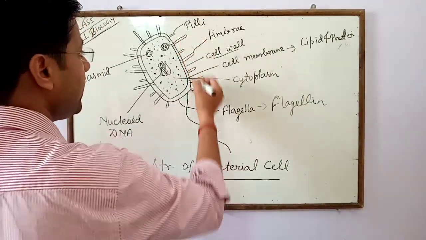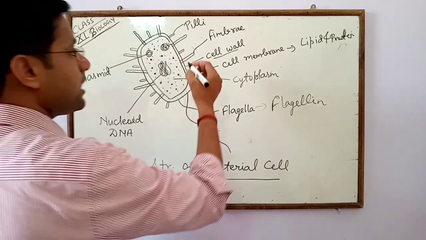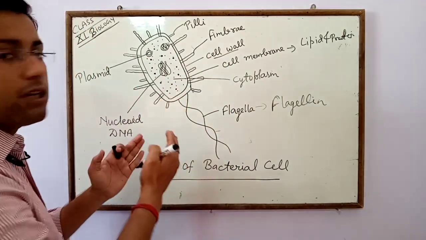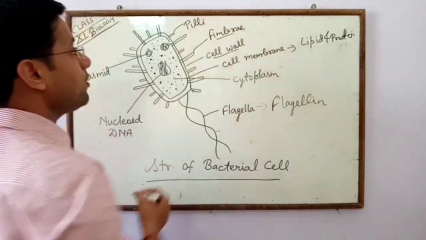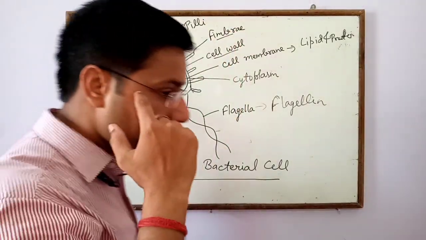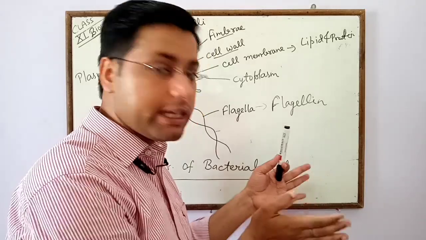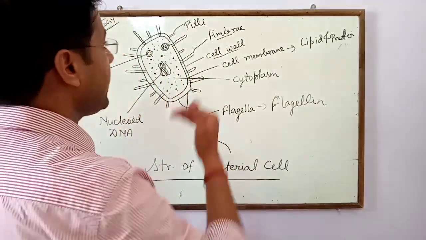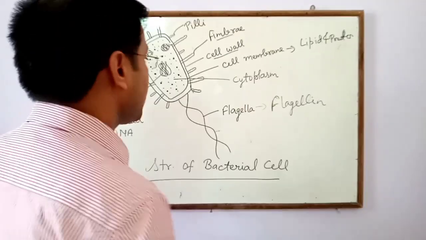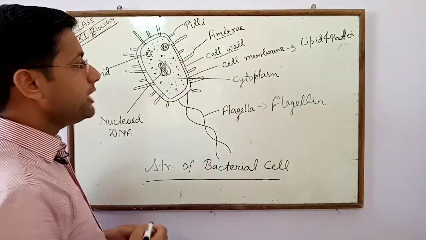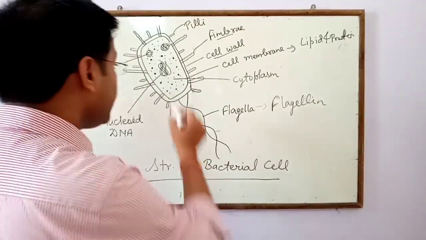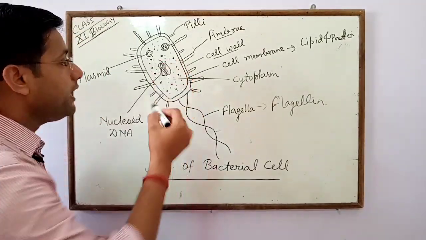After that, many hair-like long parts are attached to the outer wall, that is fimbriae, and after that pili. Fimbriae help the bacterial cell attach to any surface, such as a wall or soil surface. Pili help in reproduction.